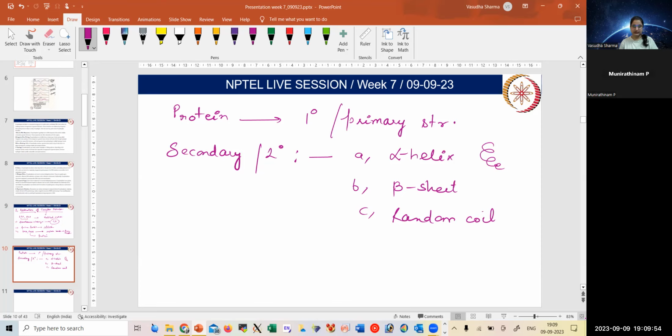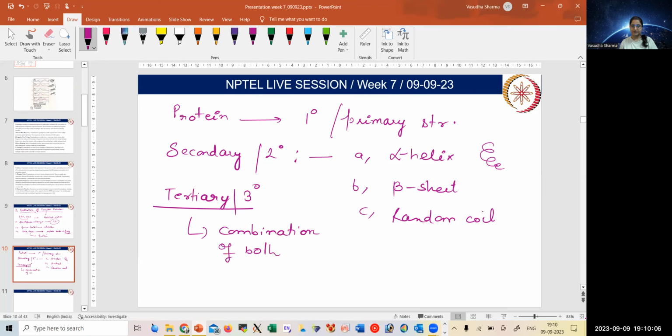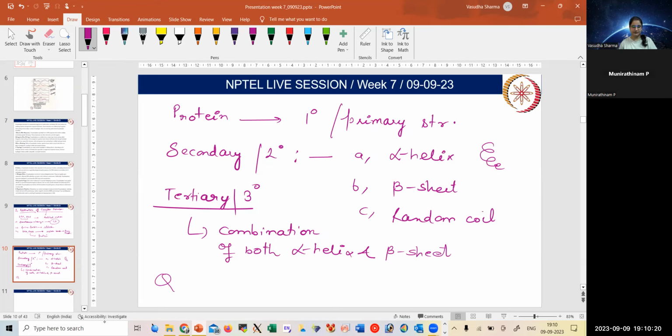The unit C terminal, N terminal could be from any side, but they do not have a specific structure. The third category we saw was tertiary, which has a combination of both alpha helix and beta sheet, and quaternary was a combination of these tertiary proteins.